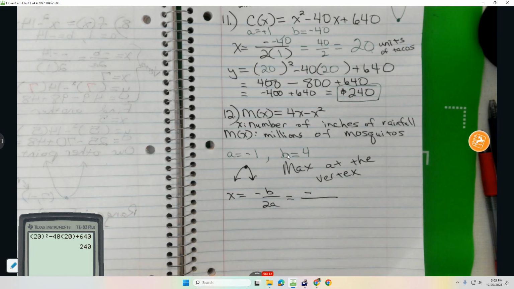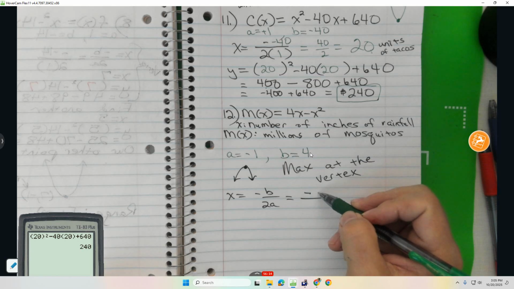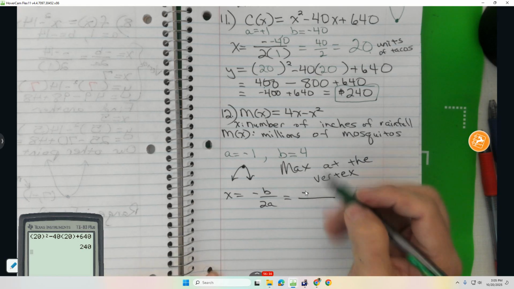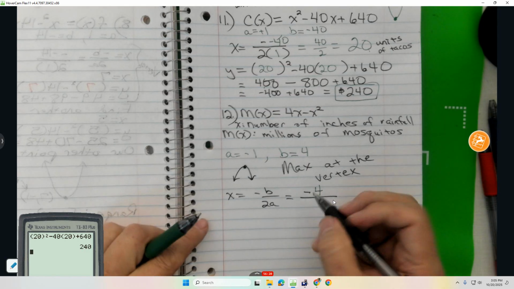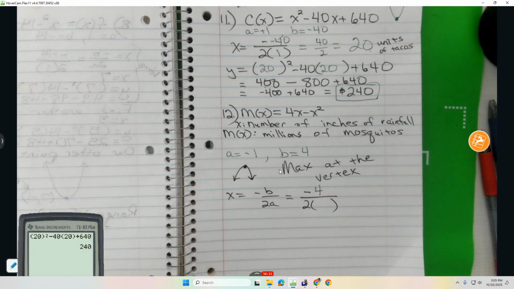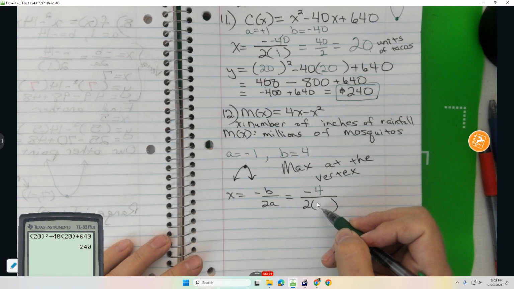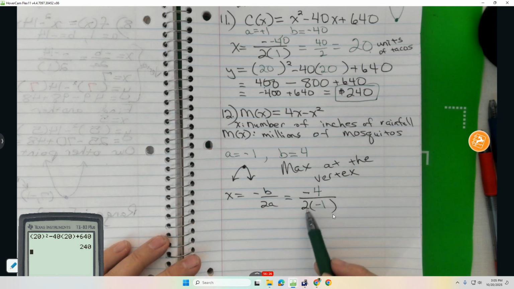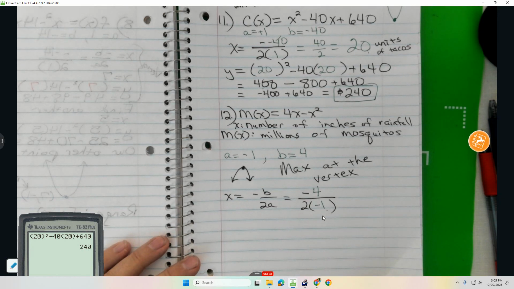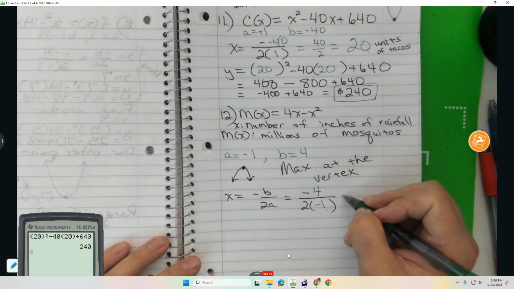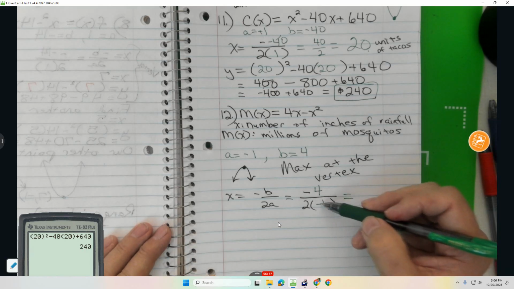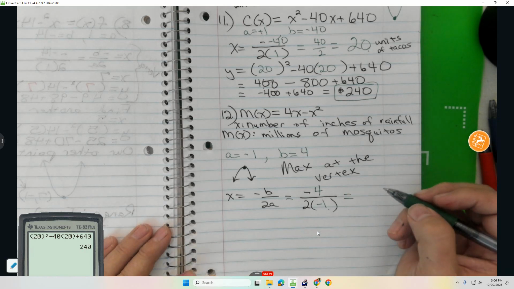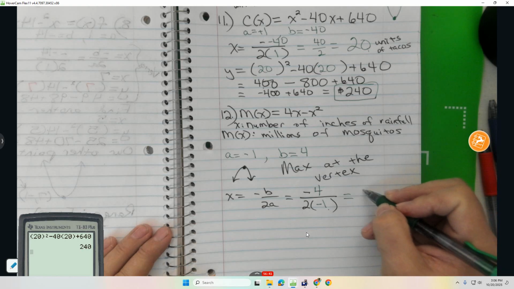What number am I going to write here? -4. So you have the negative, and then you write that 4, so you have -4. 2 times, what number goes here? Okay. 2 times -1 is just a -2, so we have -4 divided by -2. What is that giving me? -4 divided by -2 gives me a +2.